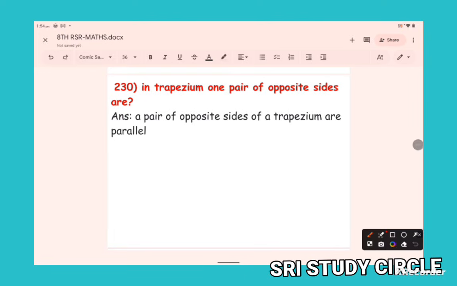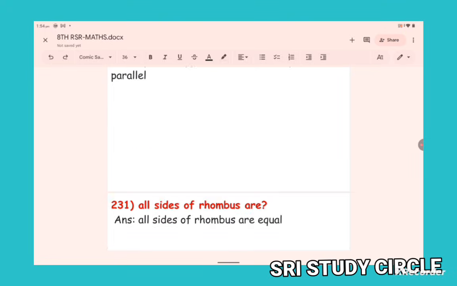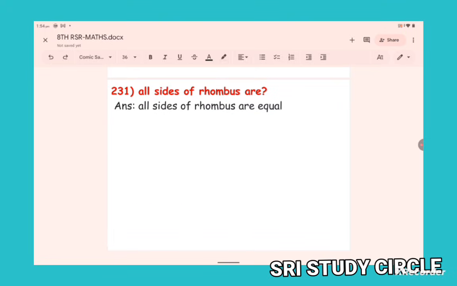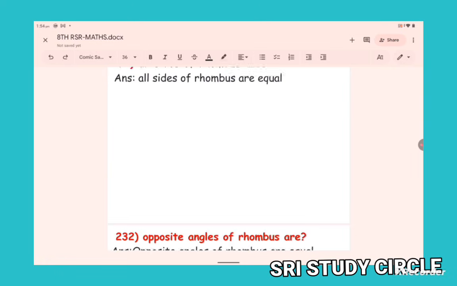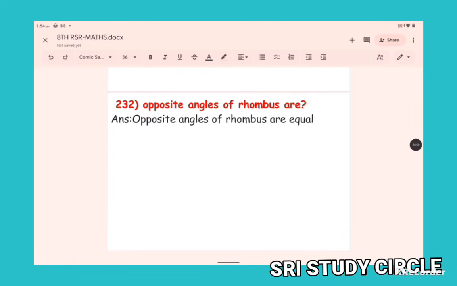In a trapezium, only one pair of opposite sides are parallel. All sides of a rhombus are always equal. Opposite angles of a rhombus are equal.